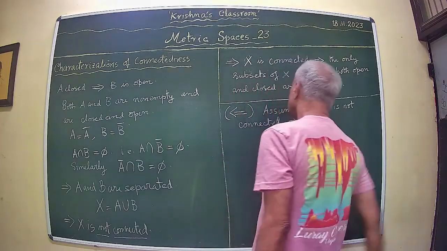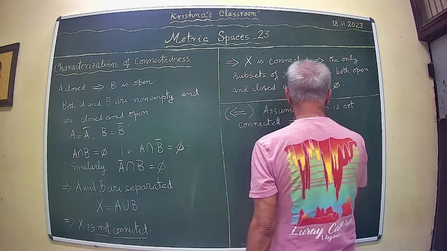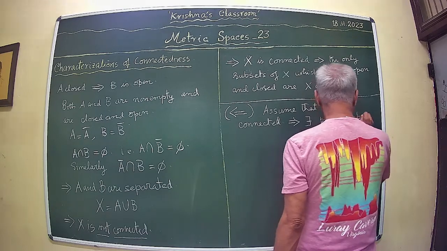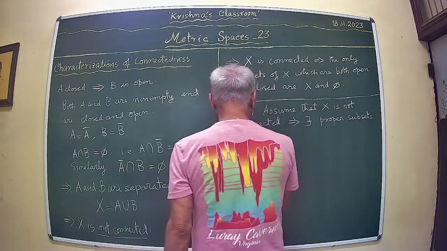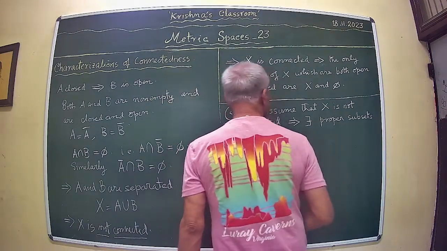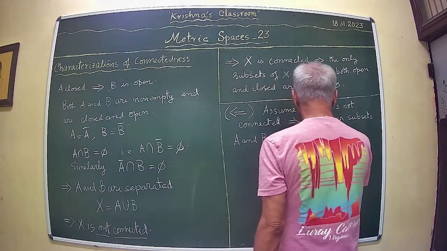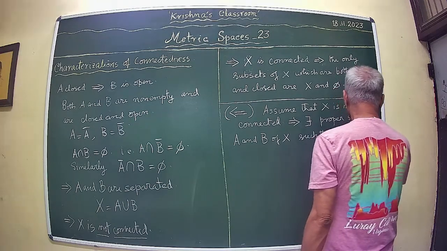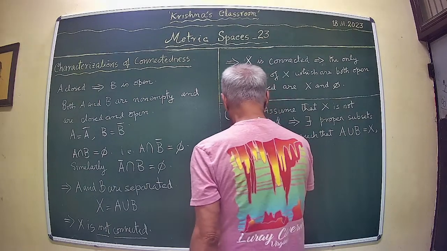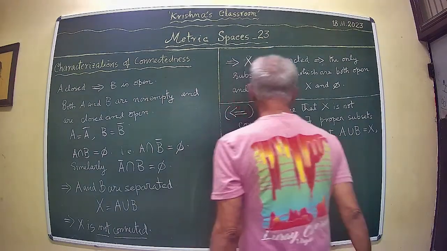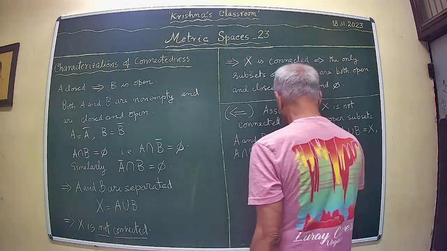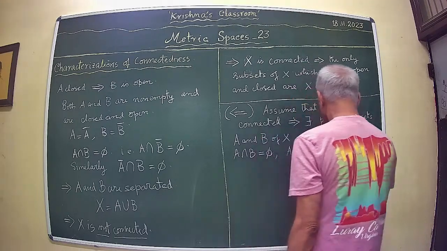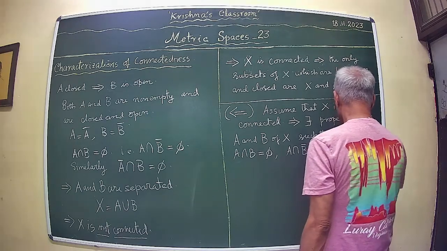This implies there exist proper subsets A and B of X such that X is A union B, A intersection B is empty, and A union... A intersection B closure is empty, and A closure intersection B is empty.